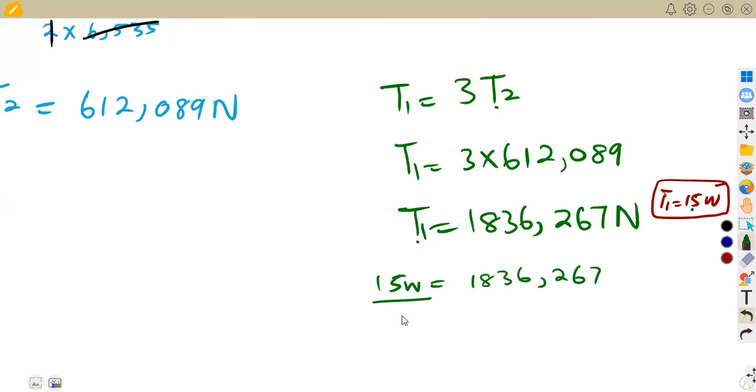1836.267. Divide by 15 both sides. Divide by 15 here, we are going to have the belt width in this case. So if you were to divide these two, you are going to obtain 122.4178 and so on.